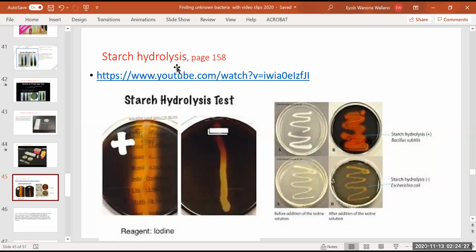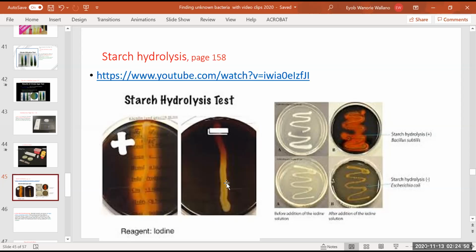Now, the most important thing which I want you to know for starch hydrolysis is what you add. This is a media. It can be a solid media, on a plate. On the plate, you are going to add one or two drops of iodine solution. When you add iodine, it changes to a dark brownish color.